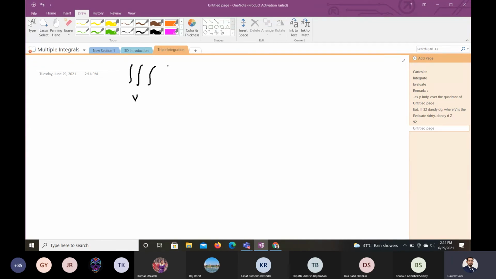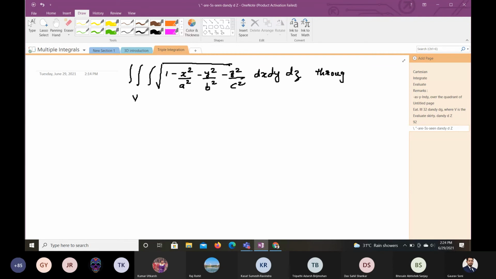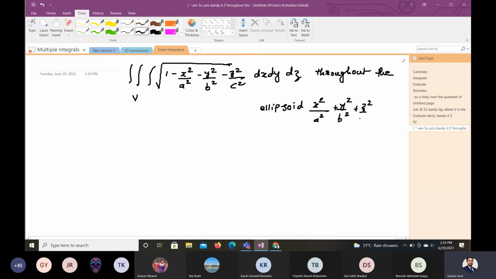Triple integral over V under root 1 minus x square upon a square minus y square upon b square minus z square upon c square dx dy dz throughout the ellipsoid x square upon a square plus y square upon b square plus z square upon c square equal to 1.